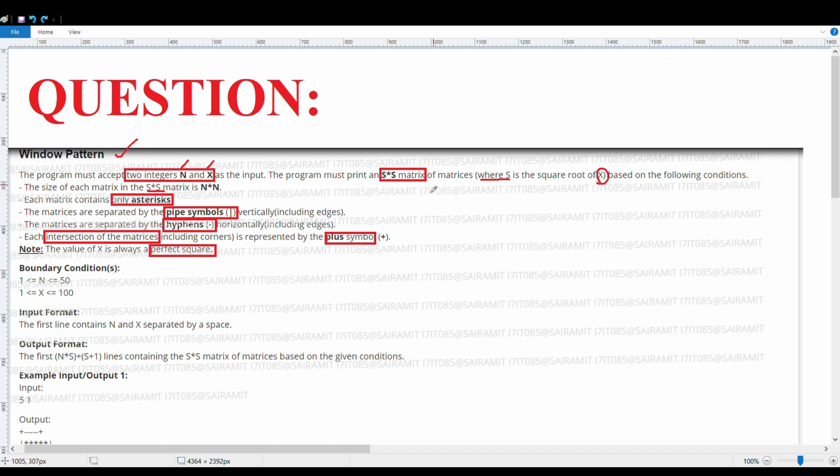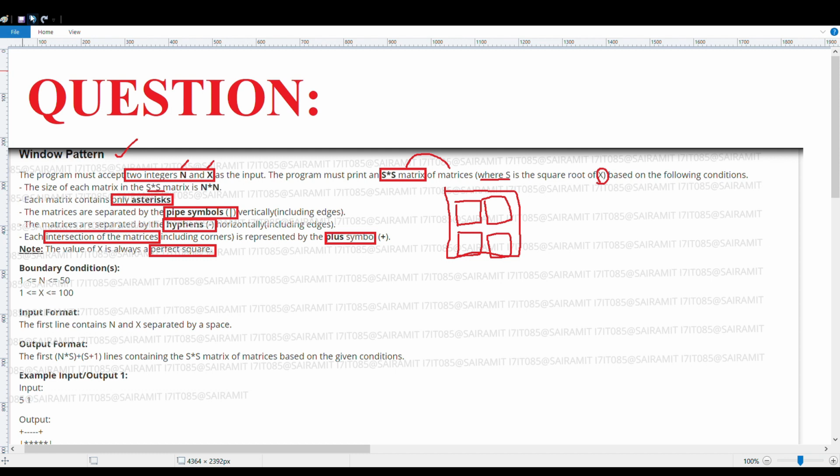So what they are actually asking is a matrix of matrices. Let's assume we have 4 matrices, so these 4 should be within a matrix.